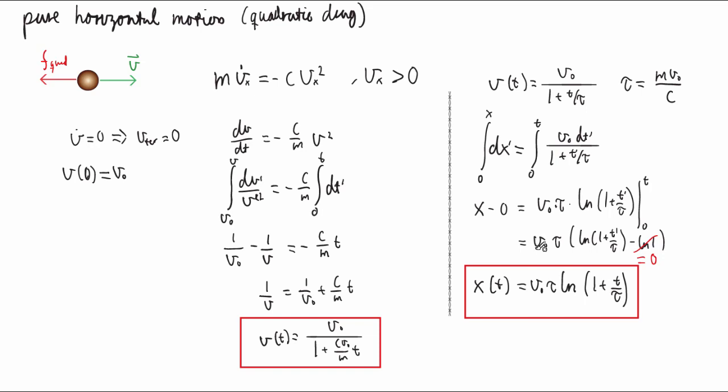So here we get our suspicions confirmed. We can see that x grows continuously with time, although it grows logarithmically, so it slows down and grows very slowly. But we still have that if we take the time to infinity, then x also goes to infinity. In other words, the projectile never stops.